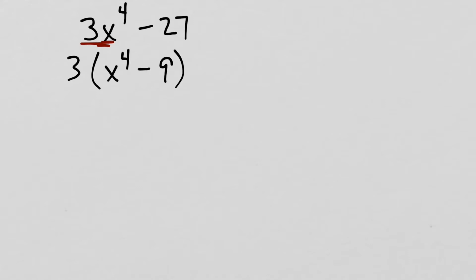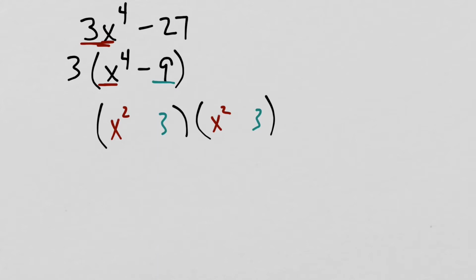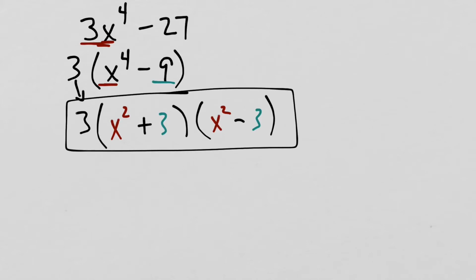You can't take the square root of 3. But now after we took the 3 out, that's going to work. So the square root of x to the fourth is x squared times x squared. The square root of 9 is 3 times 3. We're going to put a plus sign, we're going to put a minus sign, and then you just got to make sure you bring down the 3 that you factored out. Okay, so that's an example if you have a greatest common factor.